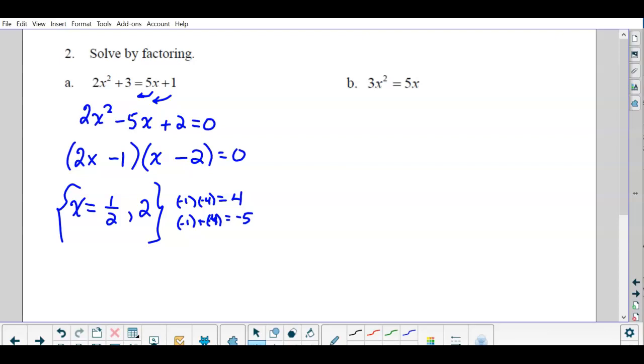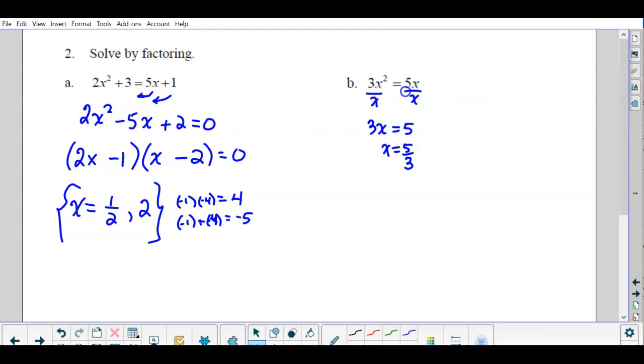Okay, next one. This is what sometimes you see. That's not completely correct. So here, divided by x. We don't like dividing by x.